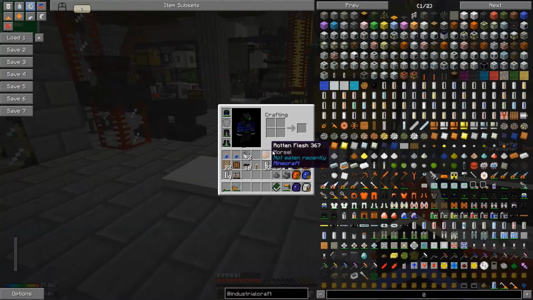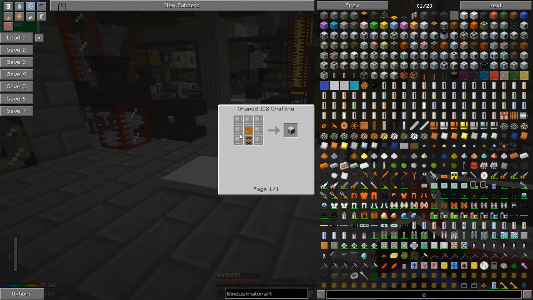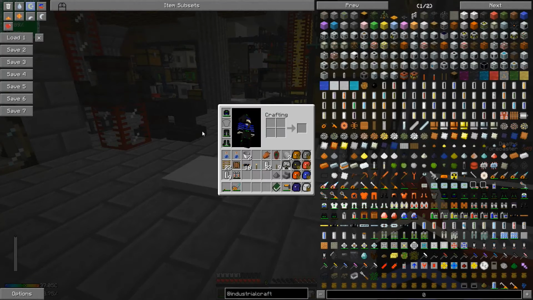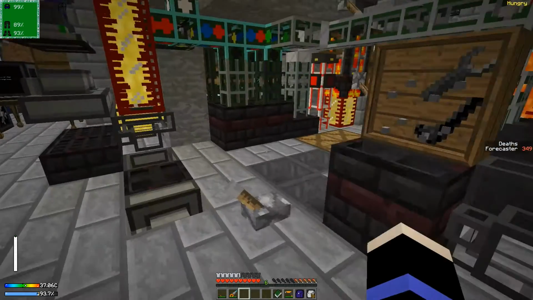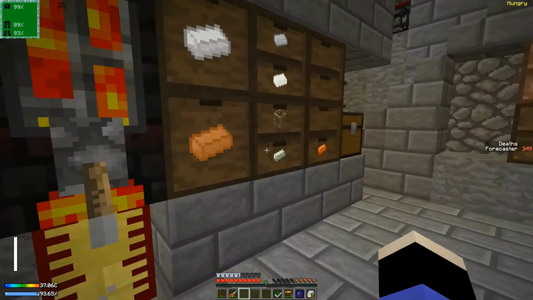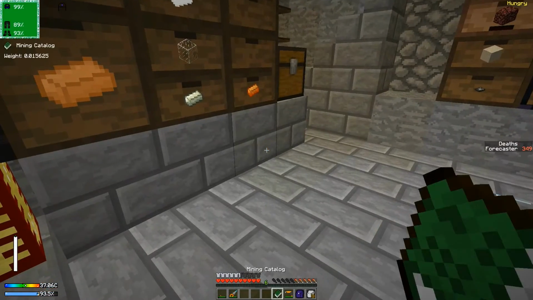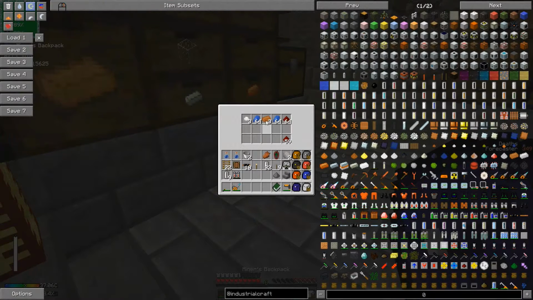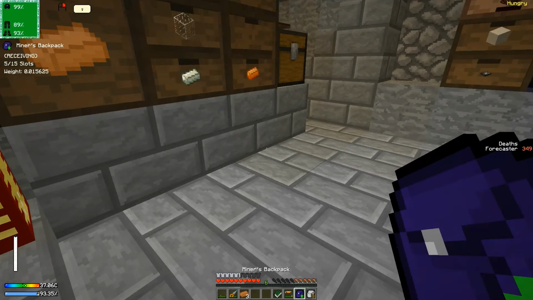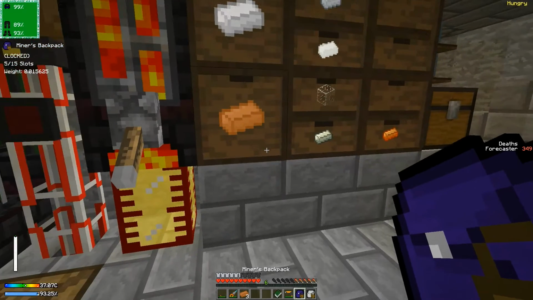So let's have a look at the steam generator. Copper boiler. So we're going to want 4 copper ingots for... Right. They are going in here. Let's lock this again.